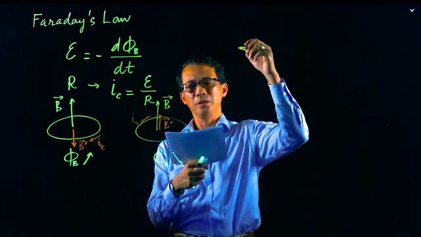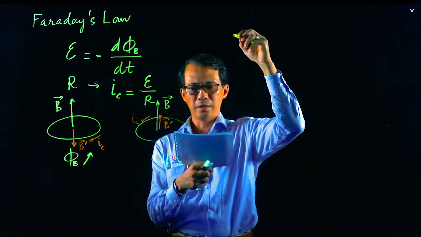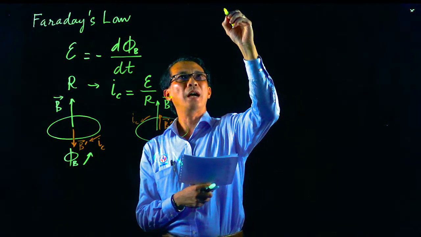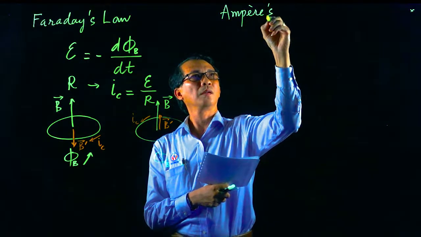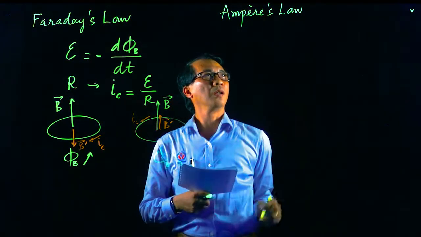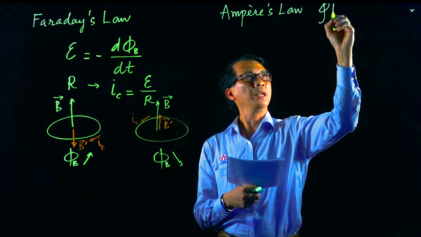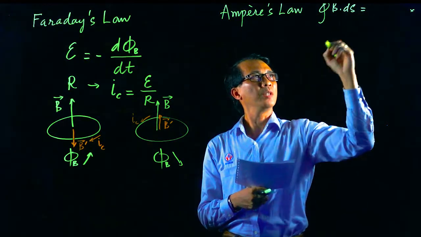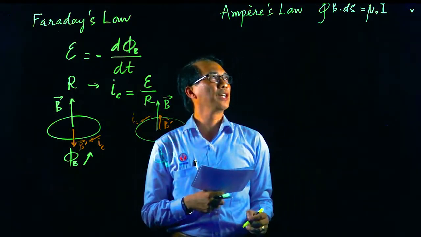Now I would like to talk about the Maxwell-Ampere law. You will see that from Ampere's law, you have the line integral of B ds equal to mu 0 multiplied by the current.